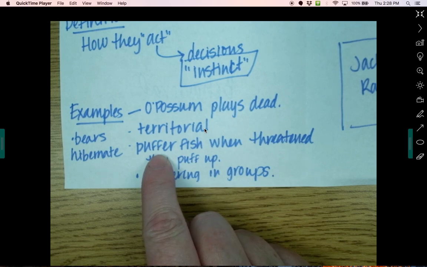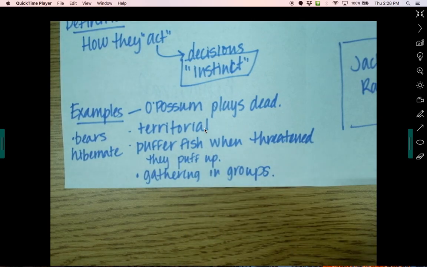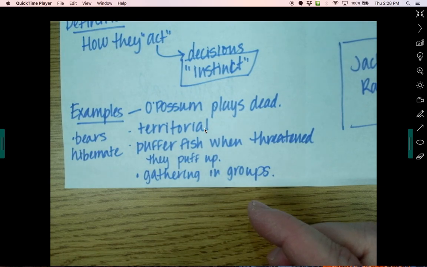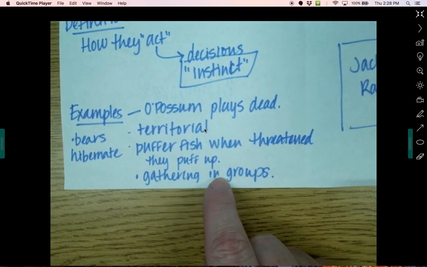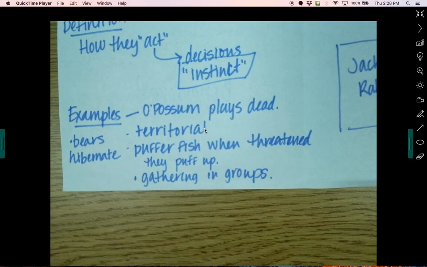The act of puffing up, getting bigger when it's threatened, is a behavioral thing. There is a physical adaptation in the sense that the fish's skin has to be flexible enough for it to do that. Animals also gather in groups for protection, and then bears hibernating.